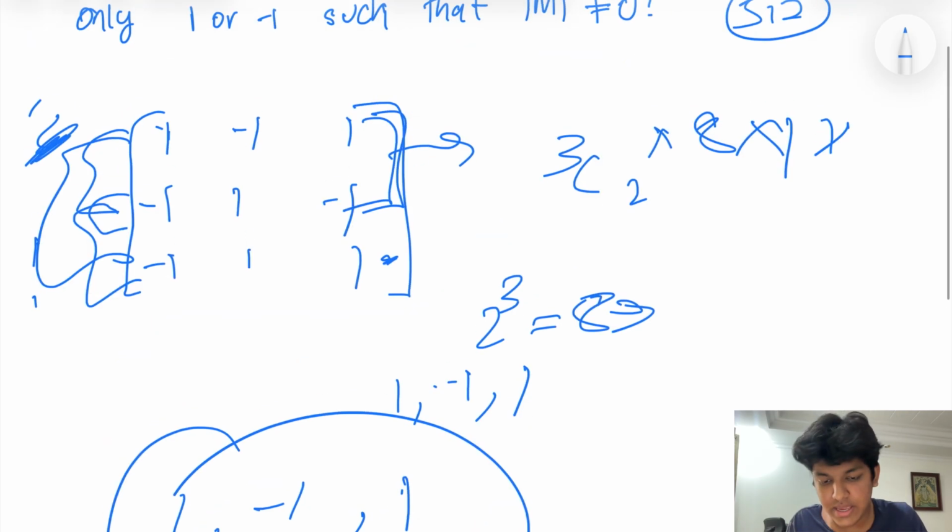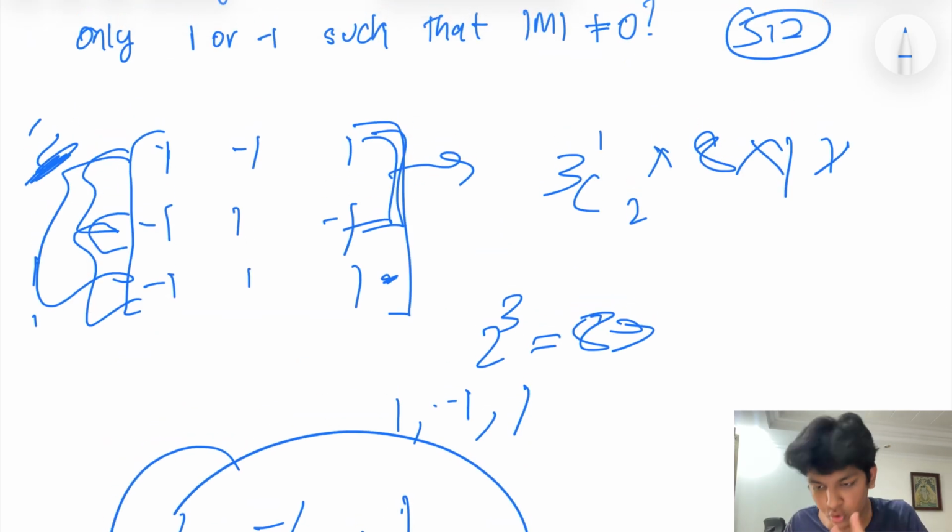So we are going to say that we choose two rows out of 3. We create one row. The second row is the same as the above row, the previous row, and then for the last row there are 7 cases. One case is excluded, and that case is whatever the arrangement was for the above two rows. So if the above two rows were 1 minus 1 1, then the third row cannot be 1 minus 1 1.